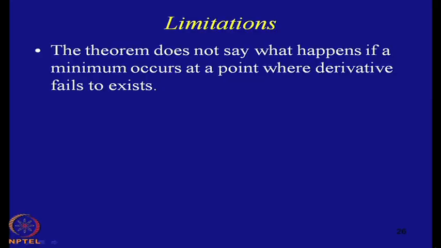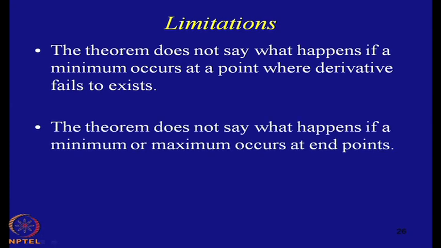Now, the classical optimization techniques we have learned, the necessary and sufficient conditions, are only applicable where the function is differentiable and continuous. But there are certain limitations as well. The theorem does not say anything about where the minimum or maximum occurs at a point where the derivative fails to exist.